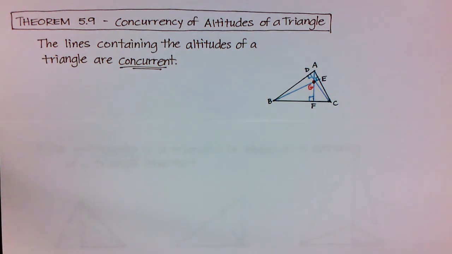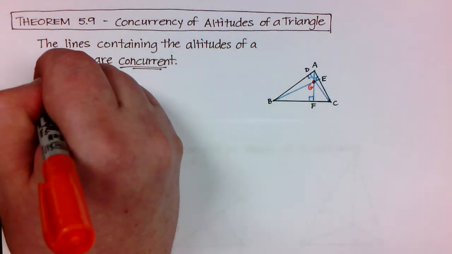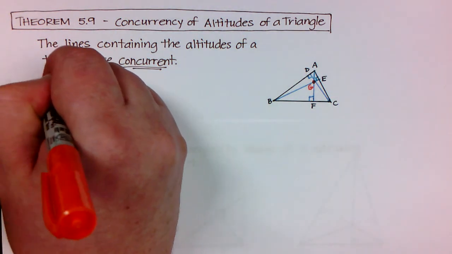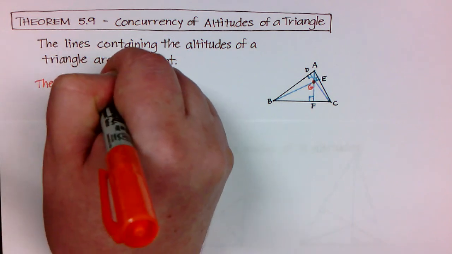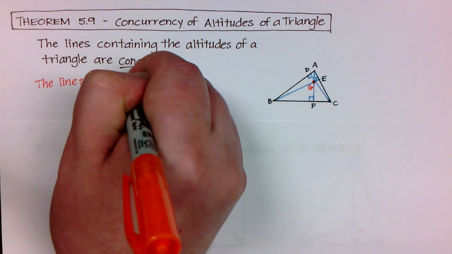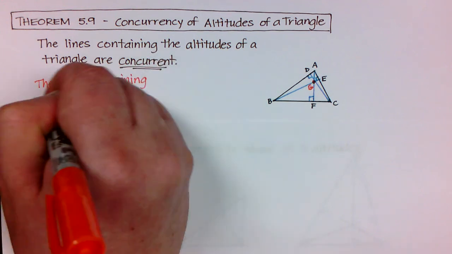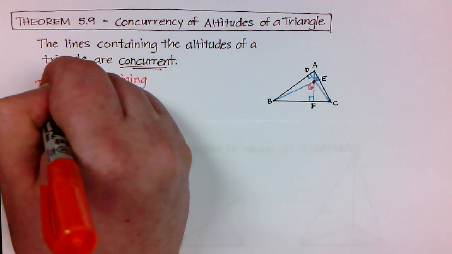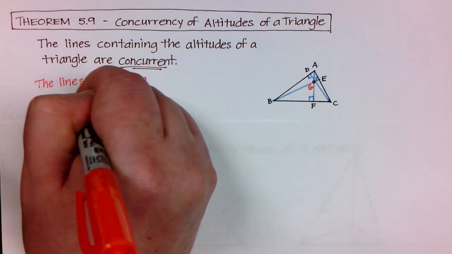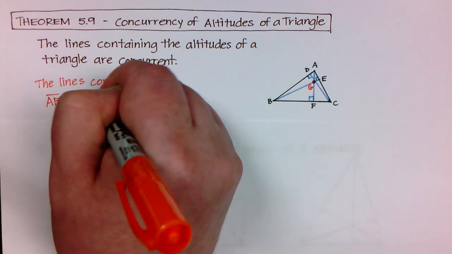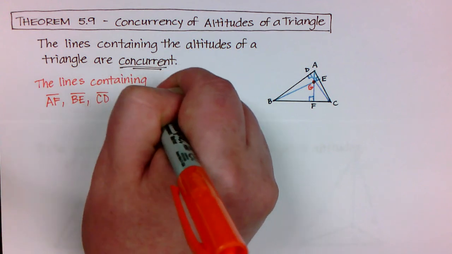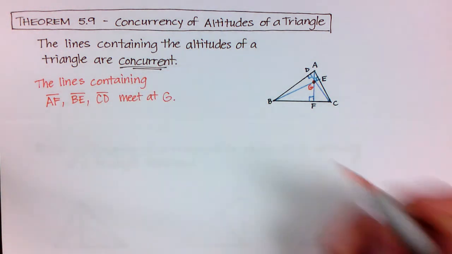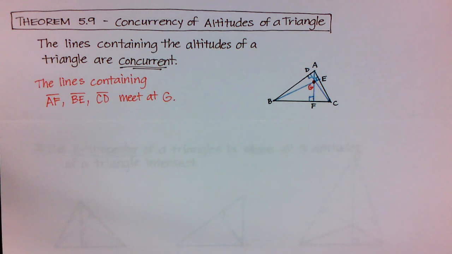Okay. What I want to write here is that the lines containing AF and also BE and also CD meet at point G. Okay, so they're all going to meet at a specific point.